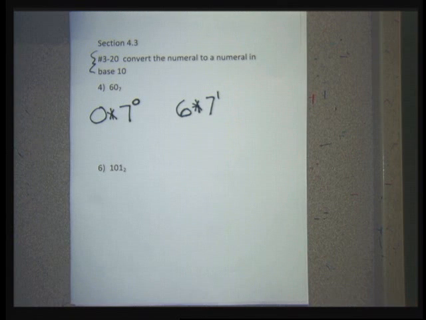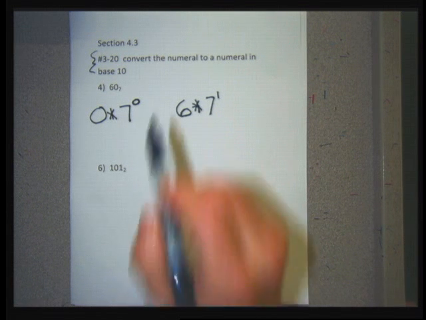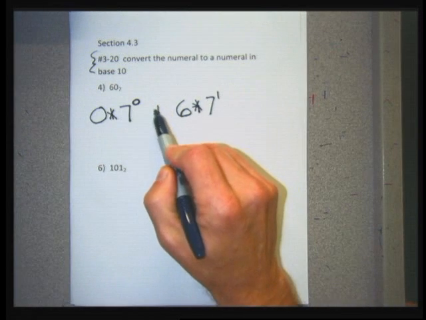So to convert 60 base 7 into base 10, I'm going to multiply 0 times 7 to the 0 power and 6 times 7 to the first power and add the results.